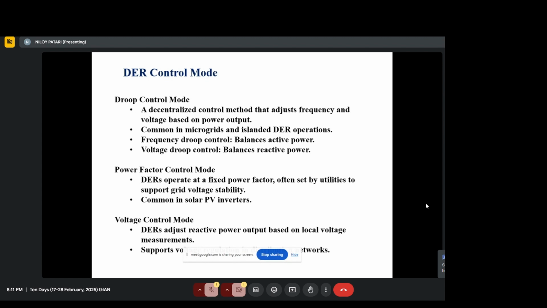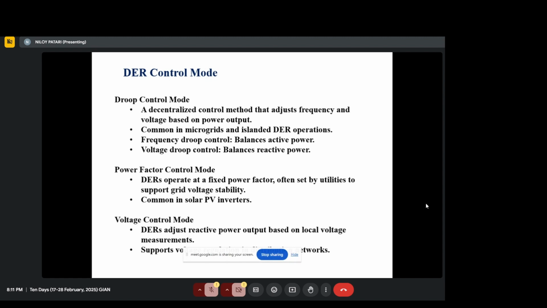This follows the P-theta, active power-angle, and V-Q coupling that we have in transmission systems. We do also operate inverters sometimes in this mode. So this is a very classical control mode, droop.